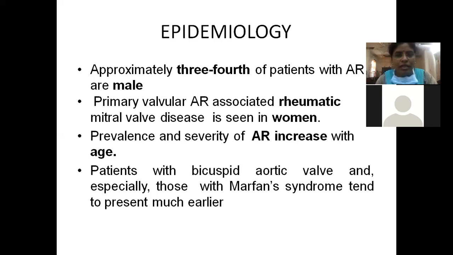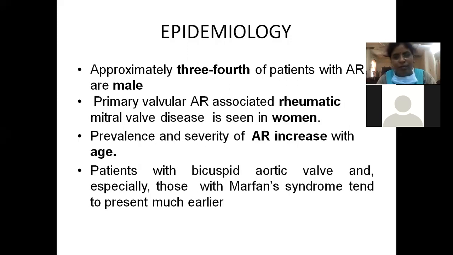So because of that, aortic regurgitation is more commonly seen in males compared to females. But whenever there is aortic regurgitation associated with other valvular disease like mitral valve disease, it is most commonly observed in women because rheumatic etiology is more common in women.